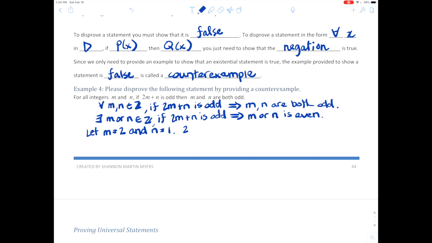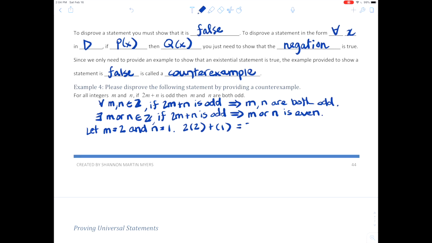We would have 2 times 2 plus 1, so 2m plus n equals 5. So you've provided a true premise, but m equals 2, which is even.